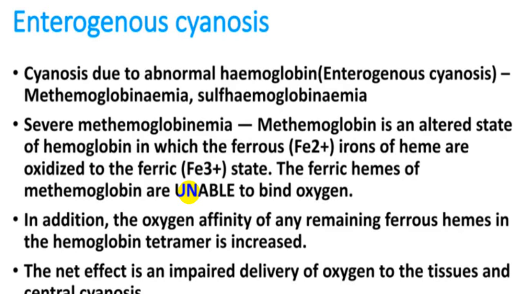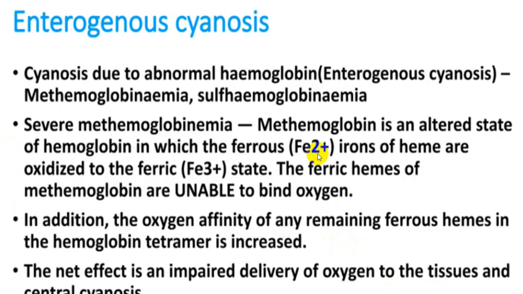So there are some compounds which are oxidizing agents, like nitroglycerin, nitrates, etc., and that can predispose to methemoglobinemia. While in the case of sulfhemoglobin, again the same mechanism, the ferrous is converted into the ferric form, but here one of the compounds responsible is a sulfonamide, and this sulfonamide converts hemoglobin into sulfhemoglobin, and that's why we call that sulfhemoglobinemia.